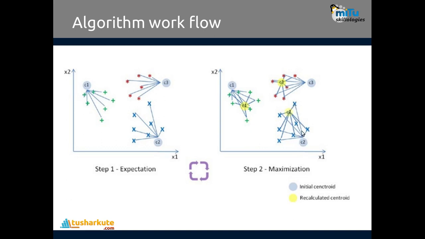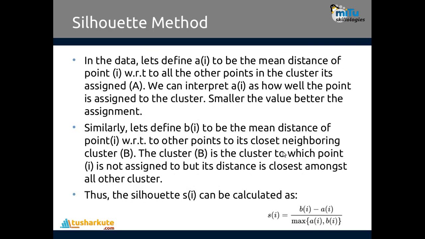So it is far away from this centroid. If I consider this centroid, not this one, then only closest and farthest. Based on that, how many points in the cluster are far will decrease the Silhouette score, and how many points are very close to the centroid will increase the Silhouette score. That's what the statistical method actually tells us.